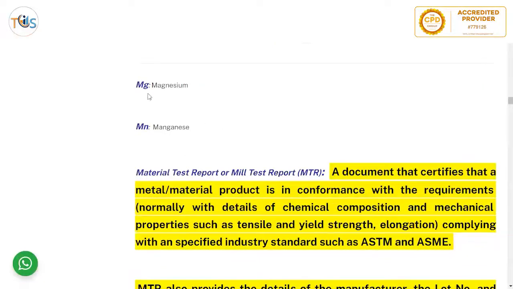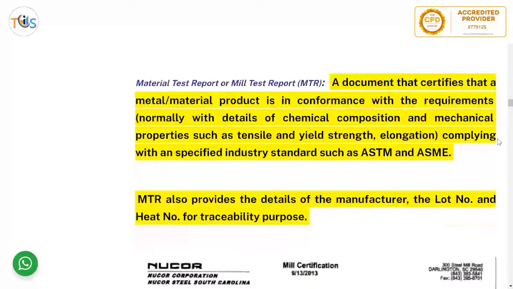Why I brought this, because you should know the symbol of the materials. Mg is for magnesium, Mn is for manganese. And why you need this, because when you look at the test report, the mill test report, the chemical composition, you should know what they stand for, like Cr for chromium, Fe for iron, C for carbon, Si for silicon, and so forth.